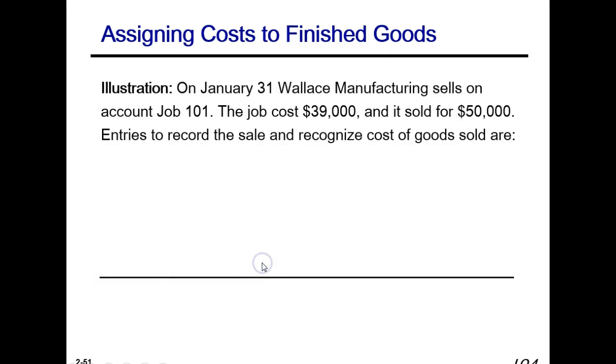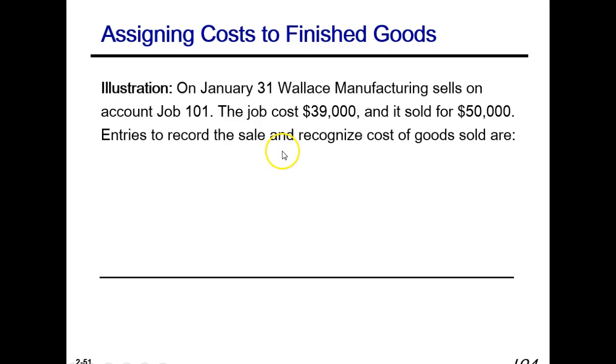On January 31st, Wallace Manufacturing sells on account job 101. The job cost $39,000 and we sold it for $50,000.